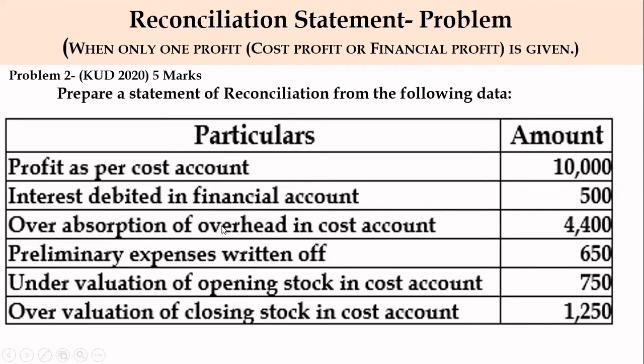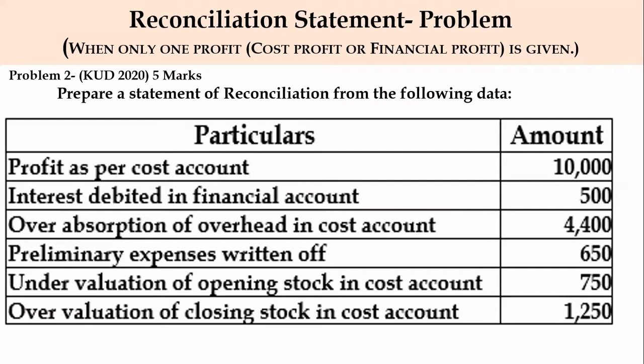Over absorption of overhead in cost account will be added to this format. Preliminary expenses, again it is an expense, we have to deduct it. Undervaluation of opening stock in cost means it will be deducted. If it were overvaluation of opening stock, it would have been added, but now it's given as undervaluation of opening stock in cost, which is to be deducted.